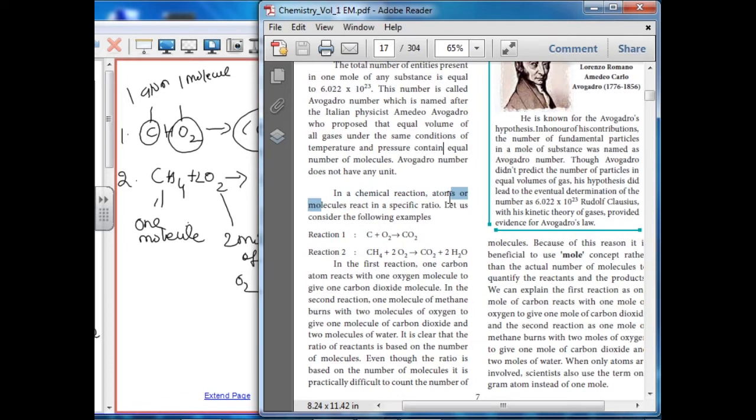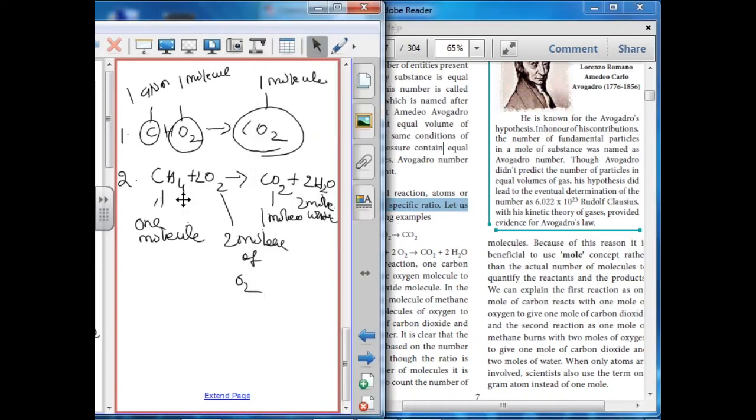In these chemical reactions, atoms or molecules react in a specific ratio. Let us consider the following example. In the first reaction, one atom of carbon reacts with one oxygen molecule to form one molecule of carbon dioxide.